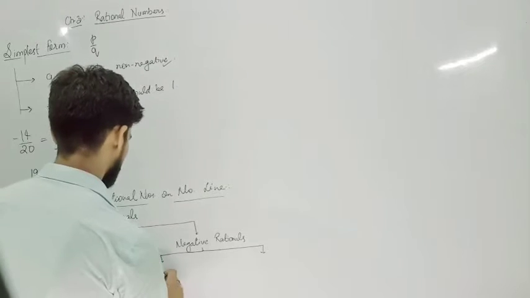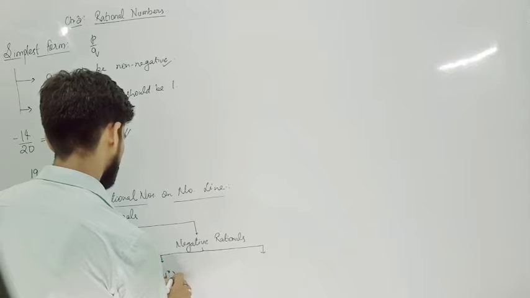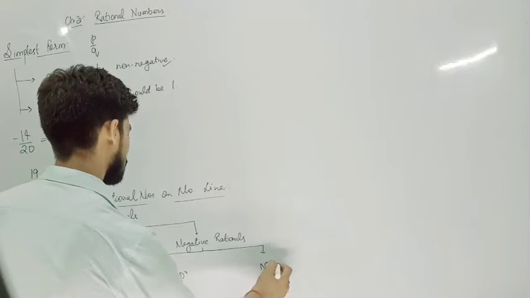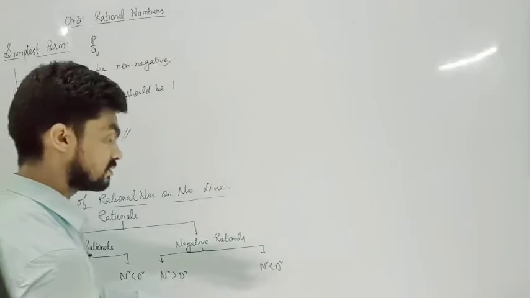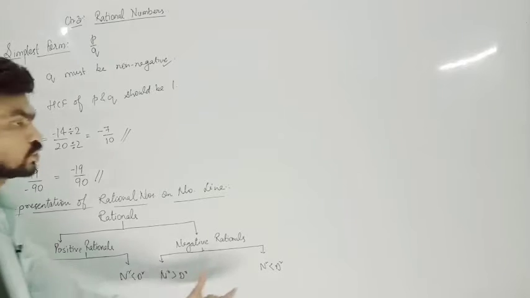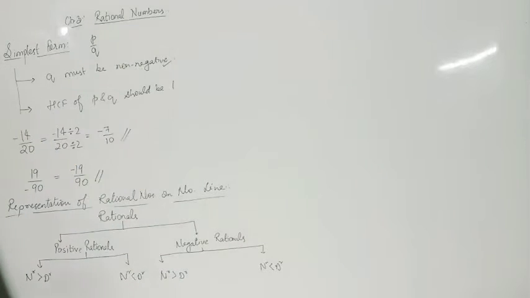Here also, numerator is greater than denominator and numerator is lesser than denominator. In short, I wrote, otherwise it will take much space here. So, till now, have you got the concept? Now, I shall be discussing each one by one. I shall take some examples here and discuss them.